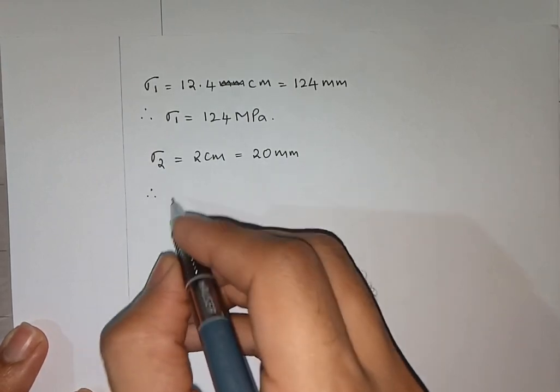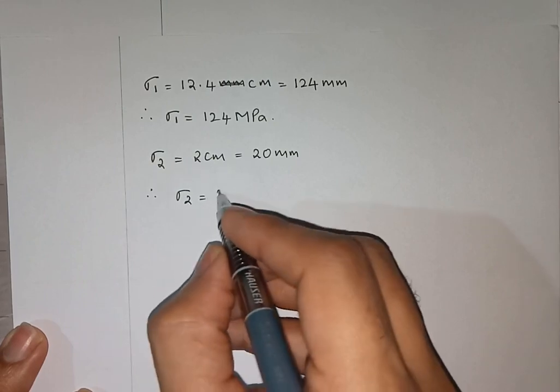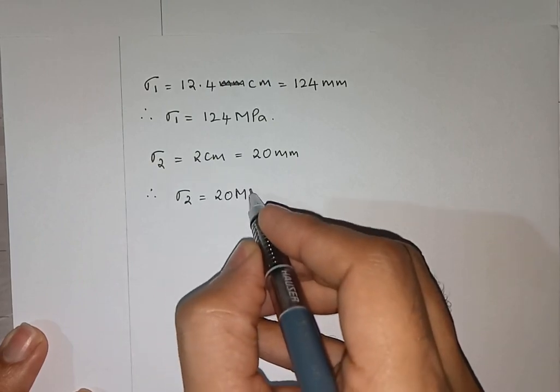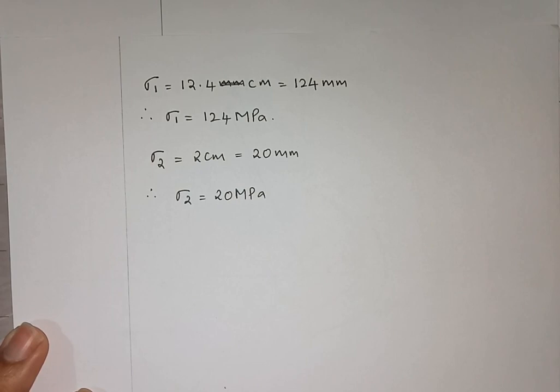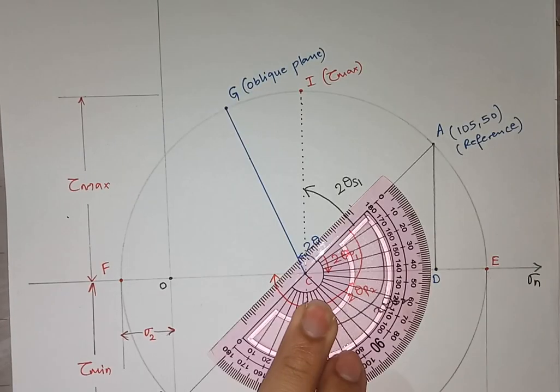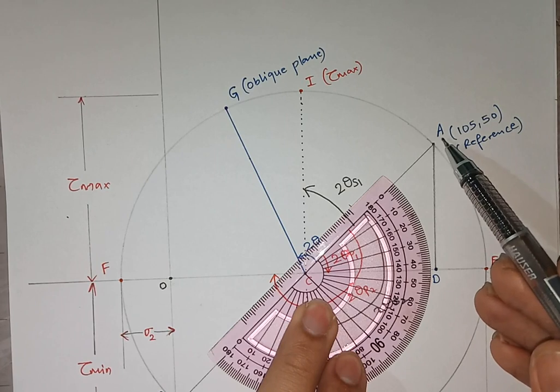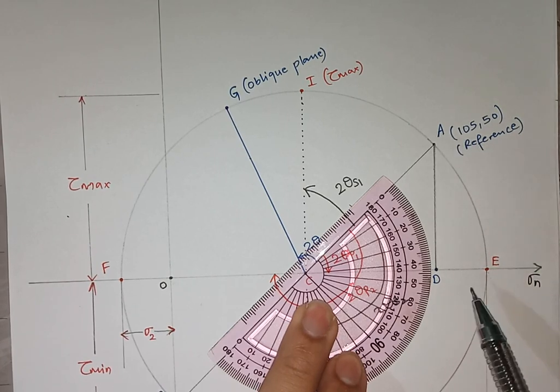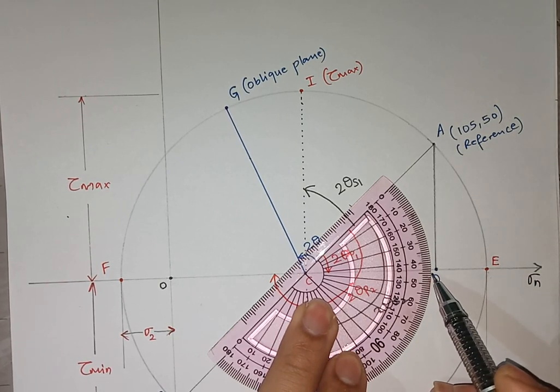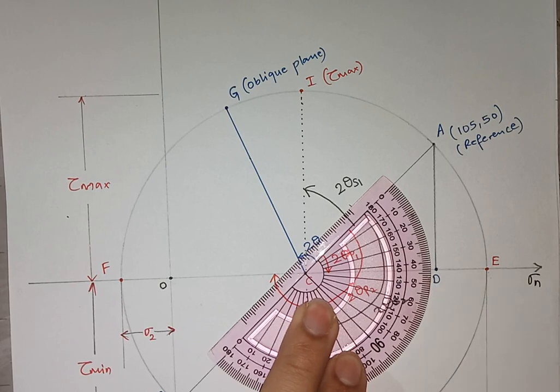Therefore sigma 2 is equal to 20 MPa. So these are the values of sigma 1 and sigma 2, right? Now let us calculate 2 theta p1 and 2 theta p2. Let me calculate those two values. If I calculate 2 theta p1 with respect to this reference plane, it is giving me 44 degrees.